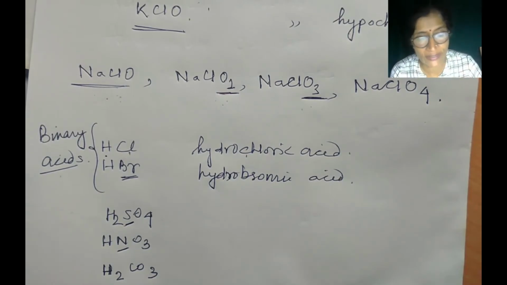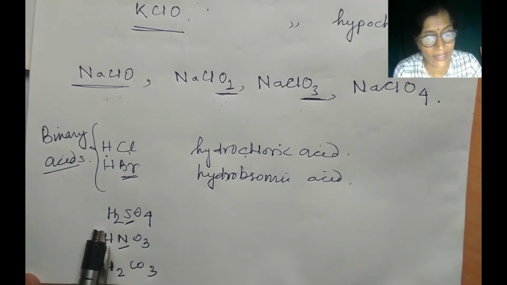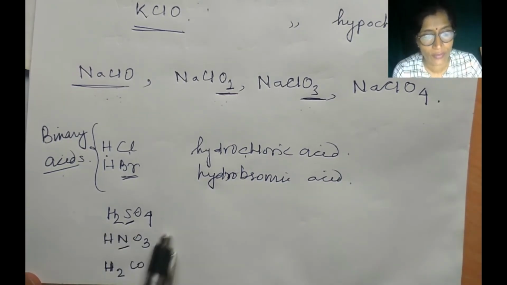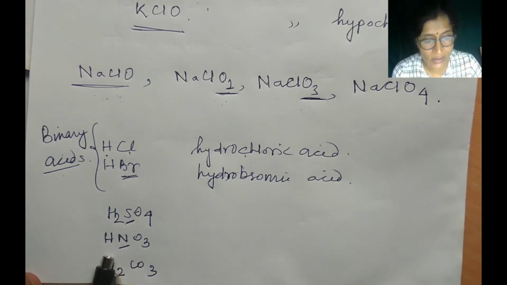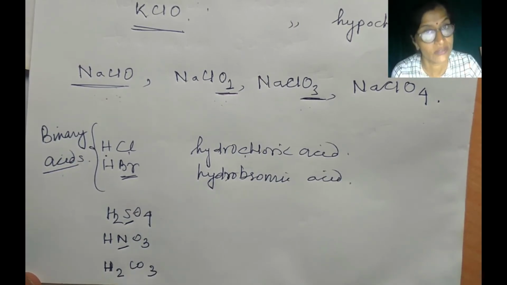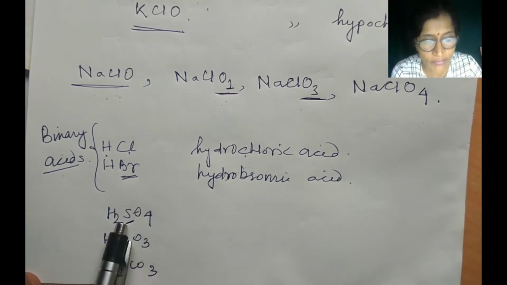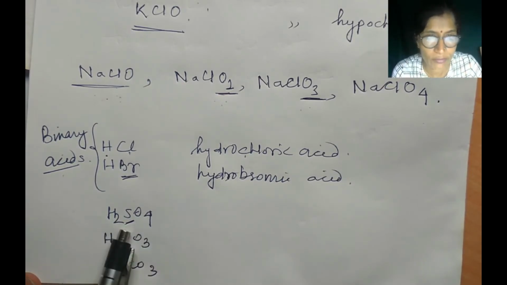But actually that is the common name for the acid. Its chemical name is what? The chemical name of this one is dihydrogen sulfate. This is hydrogen nitrate and this is dihydrogen carbonate. That is the chemical name, because this is the sulfate part and this is the hydrogen part.